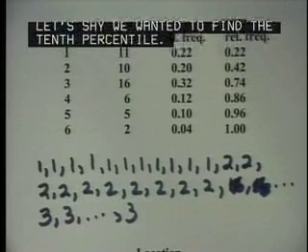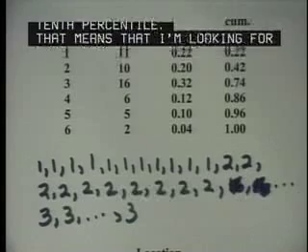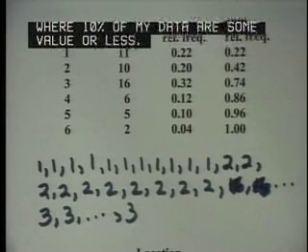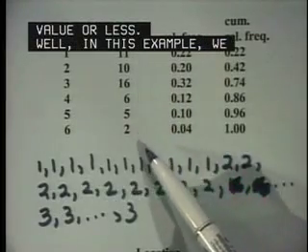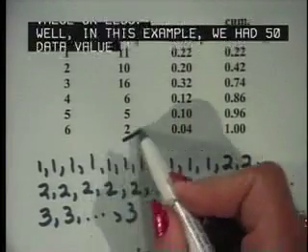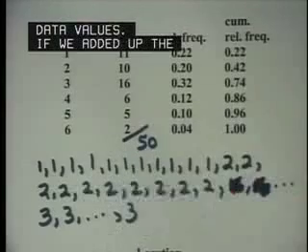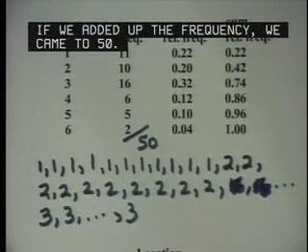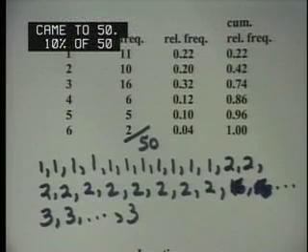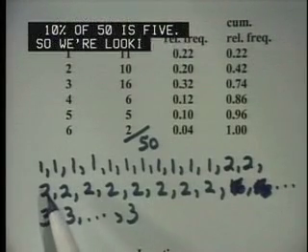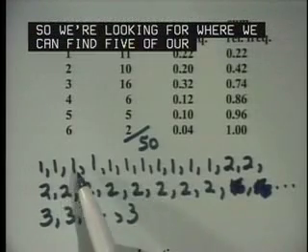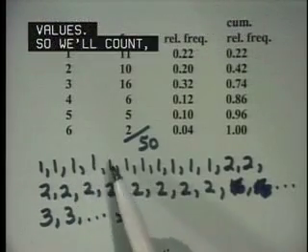Now, to find the 10th percentile, I'm looking for where 10% of my data are some value or less. In this example, we had 50 data values. If we added up the frequency, we came to 50. 10% of 50 is 5. So we're looking for where we can find 5 of our data values. We'll count 1, 2, 3, 4, 5.